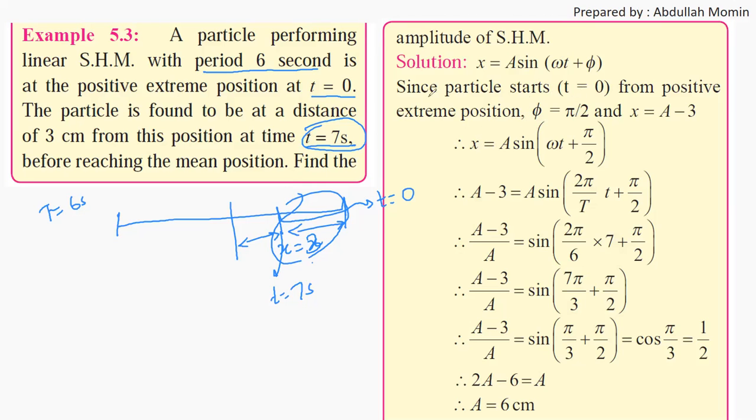We have to calculate the amplitude. Since the particle starts at t = 0 from positive extreme position, we will write phi is pi by 2. The total distance is a, and it is at 3 centimeter, meaning this position is a minus x, meaning a minus 3.